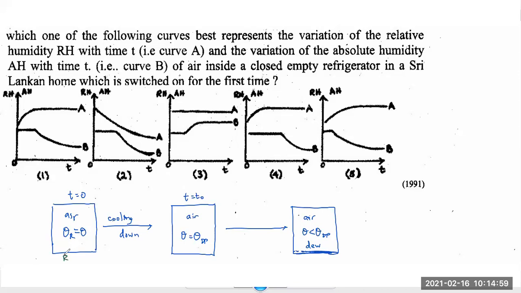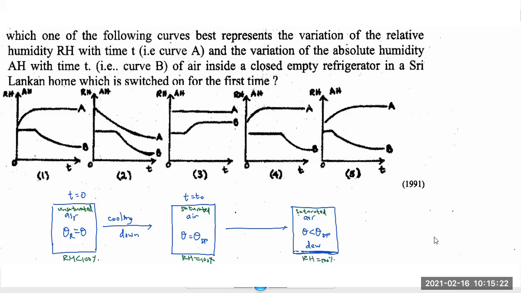Here you can expect RH to be less than 100 because it is unsaturated air, unsaturated with water vapor. As you cool it down, when the temperature becomes the dew point, it becomes saturated, and after that, air will remain saturated. So once the air becomes saturated, RH is 100 and it will remain at 100.